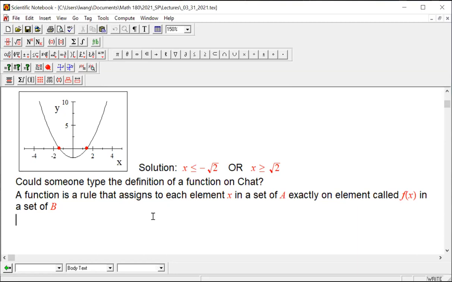All right, with that said and done, let's go back to page 47. I'm going to choose another question for you.